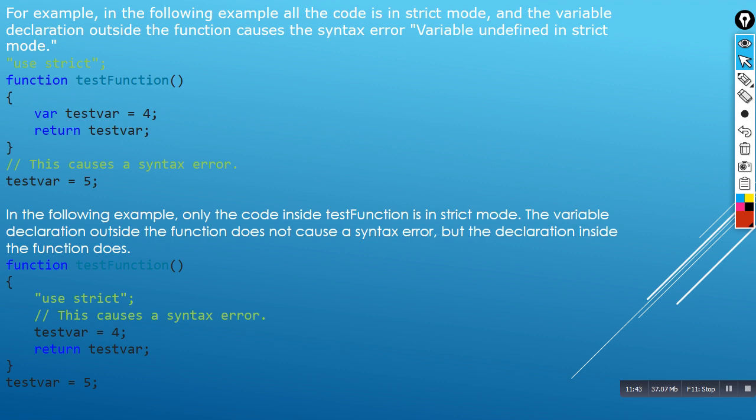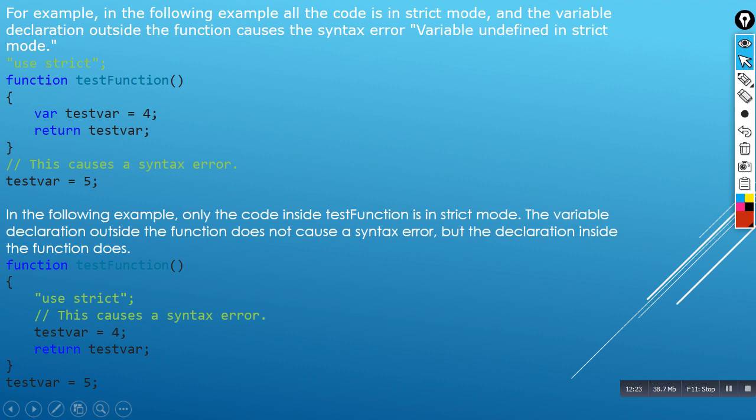In the following example, only the code inside the test function is in strict mode. The variable declaration outside the function does not cause a syntax error, but the declaration inside the function does. So you can see here use strict inside the function. If you do anything wrong inside this function, because the use strict block has been defined inside opening and closing curly braces, for example if I declare the test variable without the var keyword, then this causes a syntactical error.